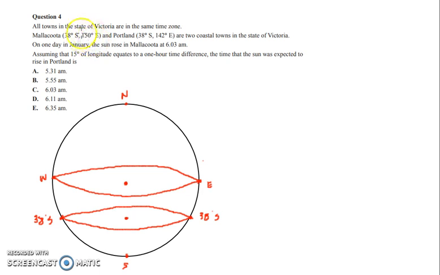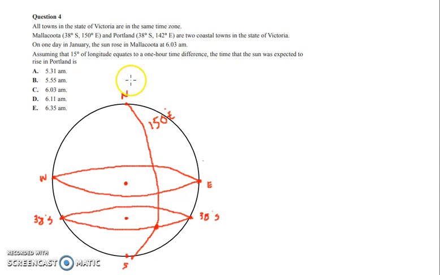So Mallacoota is 150 degrees east and Portland is 142 degrees east. So if we take this line around here as our prime meridian line, which is 0 degrees, we are coming around this way as east. So we'll use that as 0. We're going to come around for the first one, which is 150 degrees, and call that one 150 degrees east.